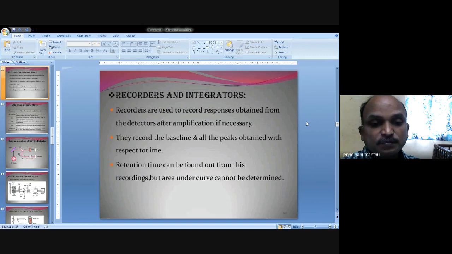And one more thing, retention time can be found from these recordings, but area under the curve cannot be determined. Sometimes there is a drawback in this. You cannot directly get the area of the recorded graph. You have to calculate this separately. Okay?